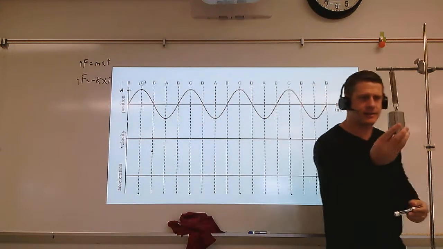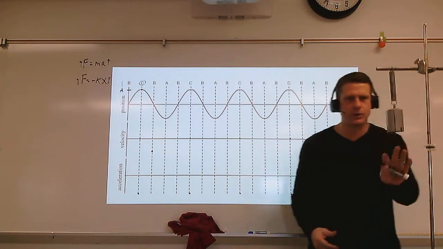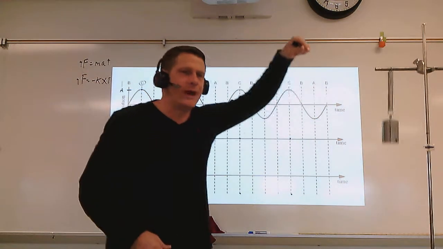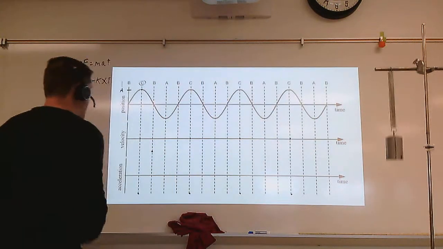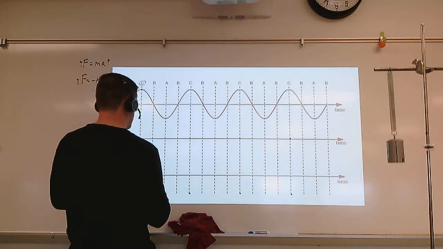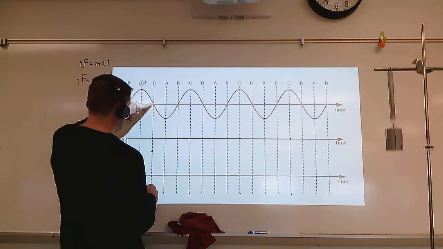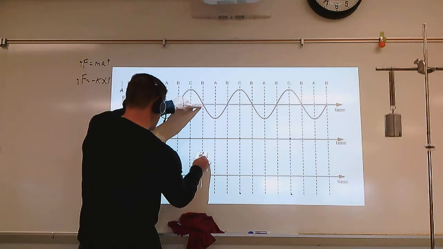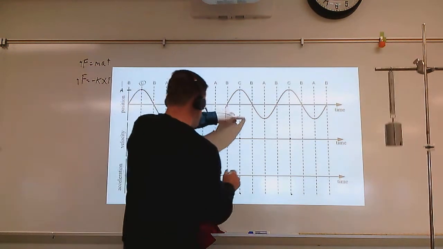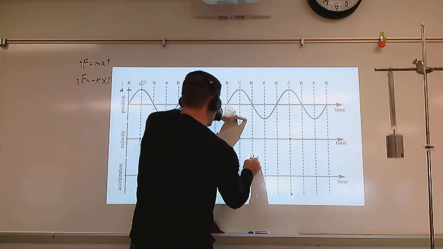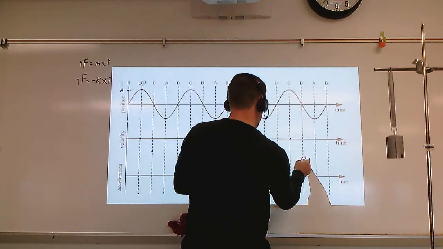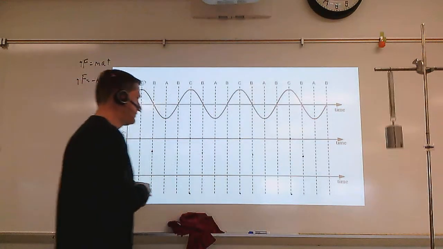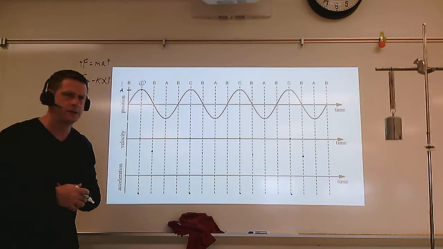So every time this thing crosses the equilibrium spot on the way down, we have a maximum negative velocity. So all of these spots right after the C's become maximum negative velocities.